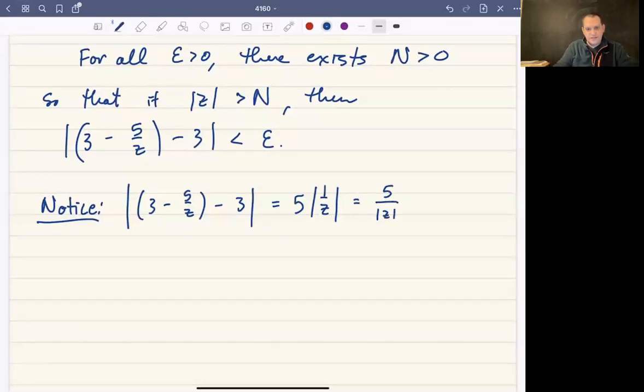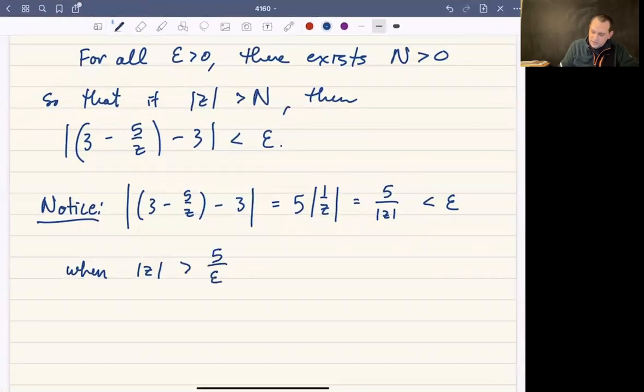This is important because this is going to be less than epsilon when the modulus of z is greater than 5 over epsilon. So pick an epsilon that's as small as you want, as long as you pick a complex number whose modulus is at least this big.